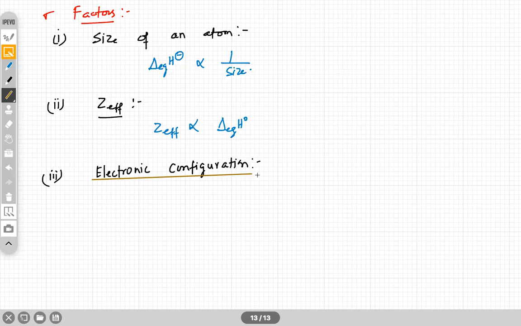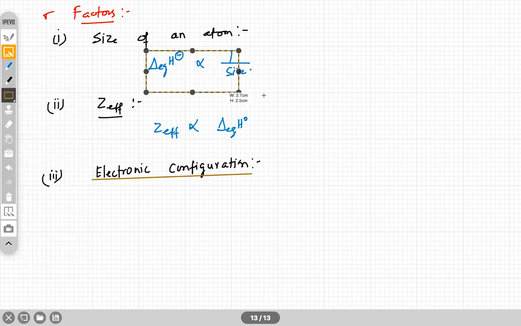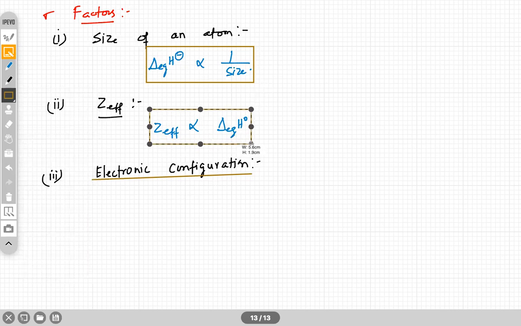Elements with half-filled or fully filled configuration are more stable and have less tendency to accept an electron. This is what you have to keep in mind.